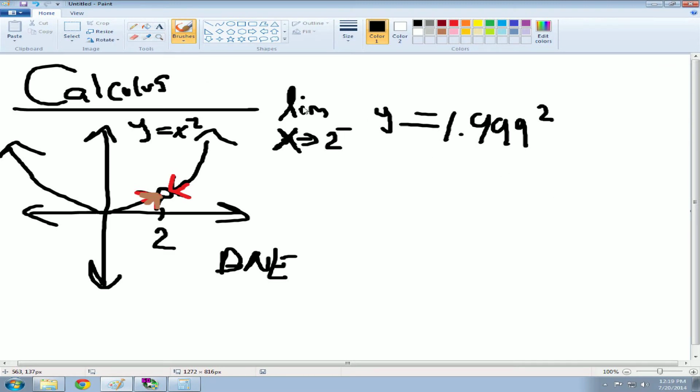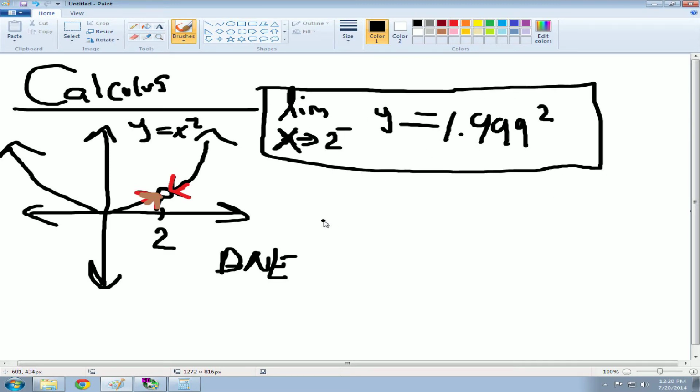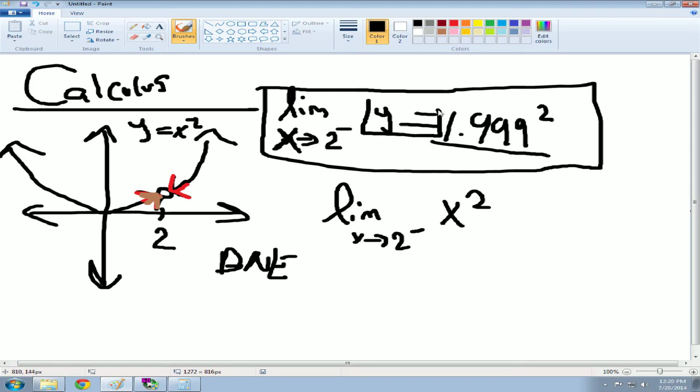When you actually set up the limit, it normally looks like this, and then you plug in your 1.9999. There is no y equals when you actually do it, because they assume you already know that it's y equals.